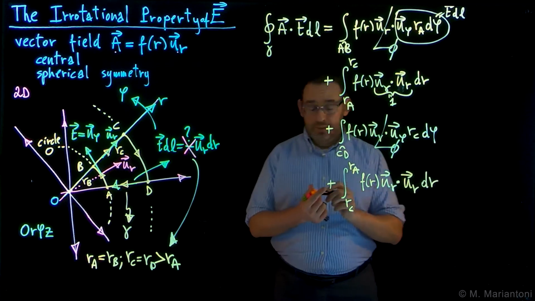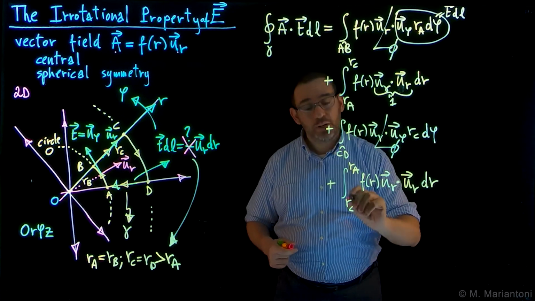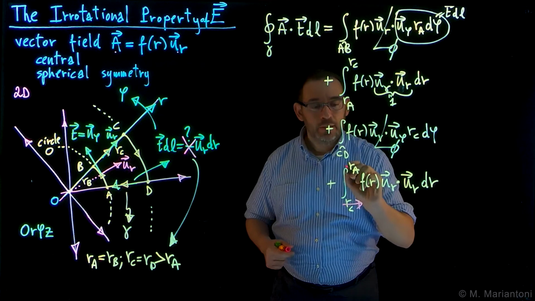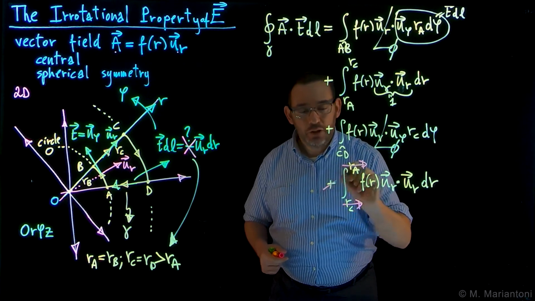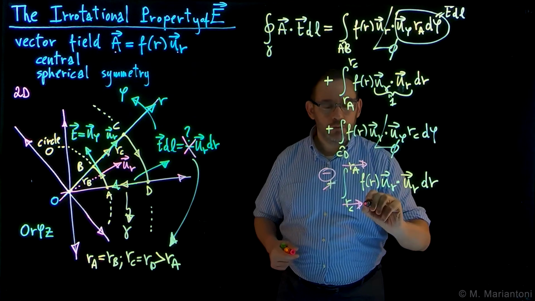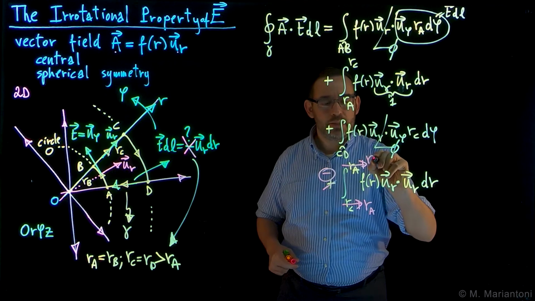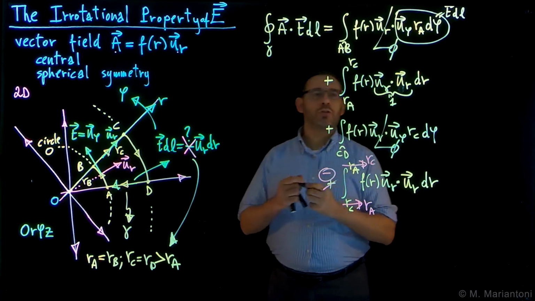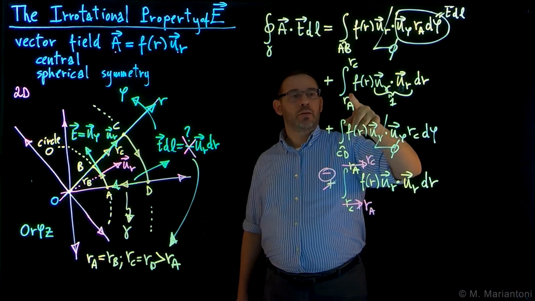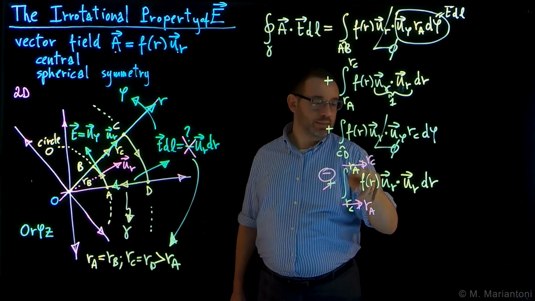Okay? This is actually quite nice because we can flip these limits of integration, changing this sign. So we put a minus sign here. And here we can always use this property of the integral, so we go from RA to RC. By doing so, we have plus the integral from RA to RC of this quantity, which is exactly the same as the integrand here.